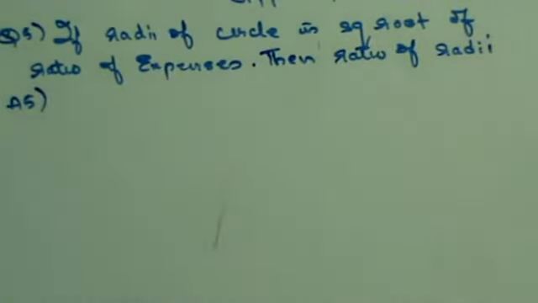Next, the percentage of expenditure on miscellaneous by family A over that of family B is how much?